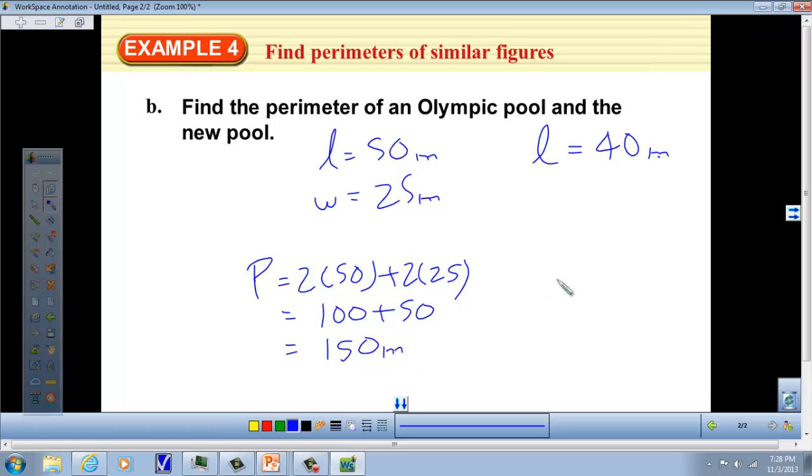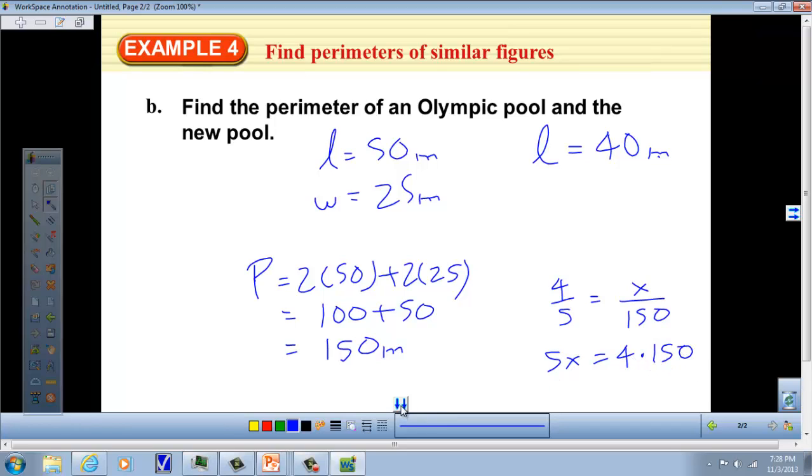And what we can do is take the scale factor, which is 4/5, and compare that to x over 150, where x is the perimeter of the new pool and 150 is the perimeter of the Olympic pool. We do our cross multiplication. We would get 5x on one side, and on the other side we do 4 times 150.